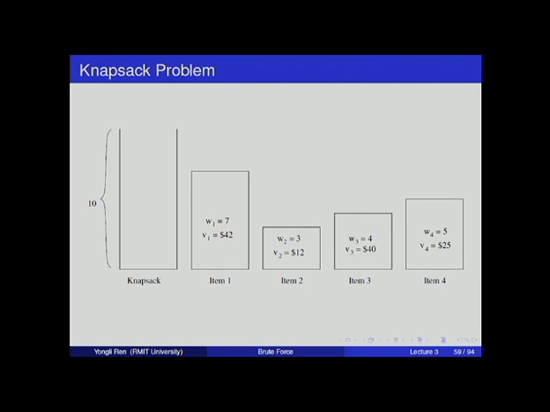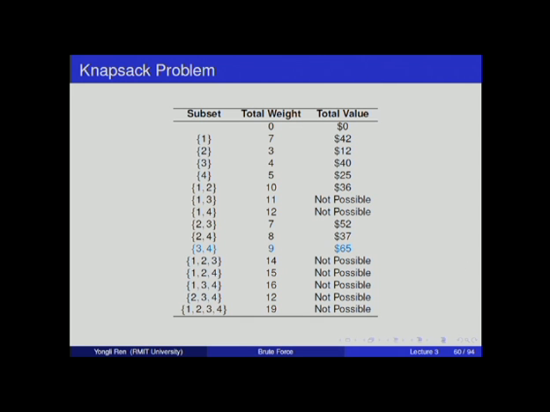When we do the brute force, we generate all the possible subsets. Nothing selected, all selected. 1, 2, 3, 4. 1, 2, 1, 3, 1, 4. That's all the possible combinations. This is 2 to the power of 4, since we get 4 items.